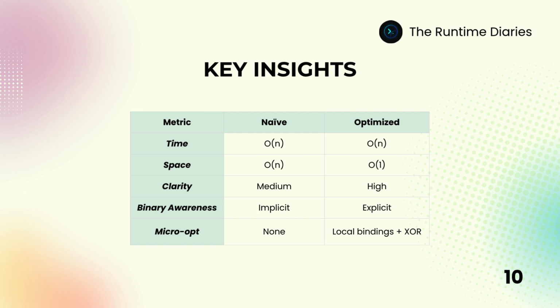For our binary awareness metric, the naive version was implicit and the optimized version was explicit. And then for our micro optimizations, we didn't have any in the naive version, but we did add some to the optimized version, which are using local bindings and the XOR method. So the biggest shift here wasn't in code length, it was in mental clarity. I stopped coding line by line and started reasoning by pattern.